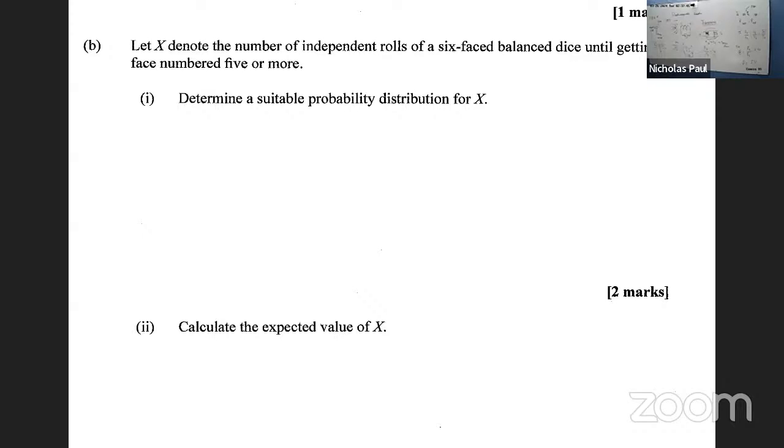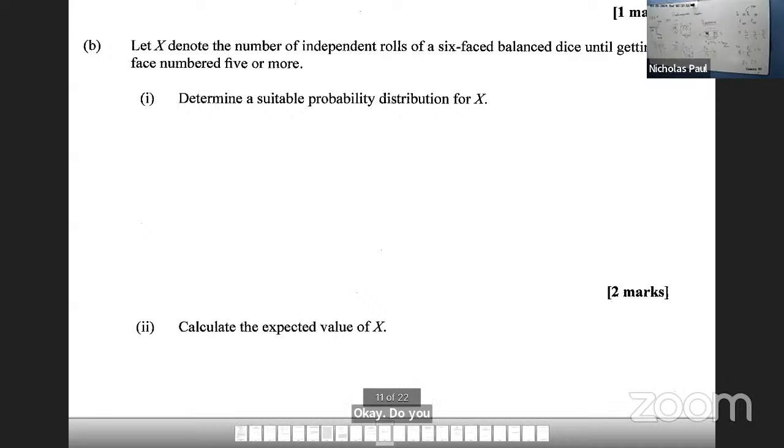What do you all think? Geometric, right? Because the keyword is what? Until. Until getting a number 5 or more. Okay, so X follows a geometric distribution.